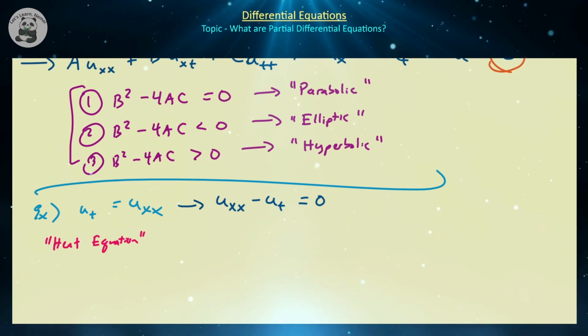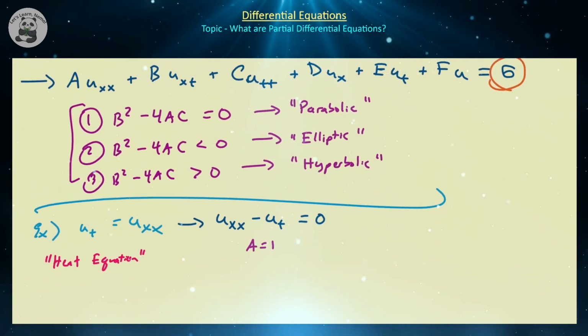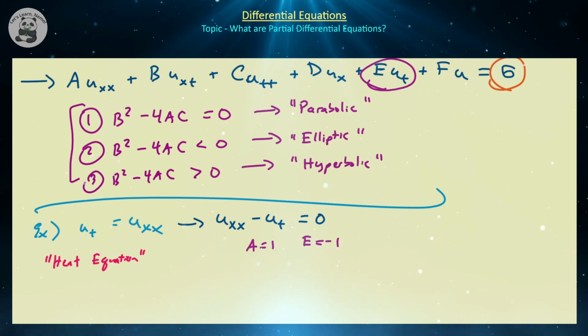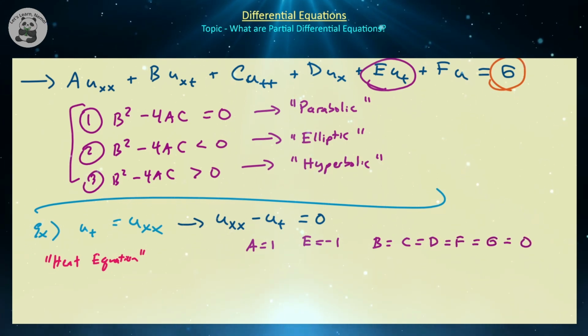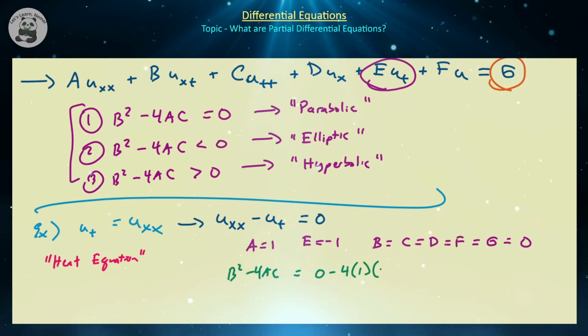So what we have here is that a is equal to 1. Keep in mind e is the coefficient of the ut term, so we have that e is equal to minus 1, and then b, c, d, f, and g are all equal to 0. So if we do b squared minus 4ac, what will we get? b squared is equal to 0, minus 4a and c, which is equal to 0.